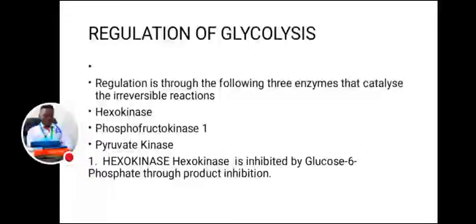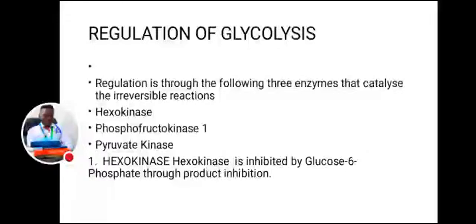So meaning these are just forward reactions. Hexokinase is seen on reaction number 1, reaction number 3, and reaction number 10. Reaction number 1 is an irreversible reaction, that is just a forward reaction. Reaction number 3 is also an irreversible reaction. And reaction number 10 is also an irreversible reaction, which is just a forward reaction.